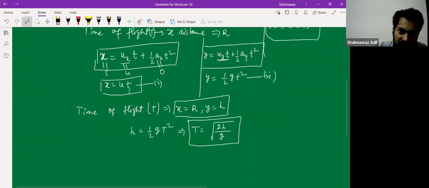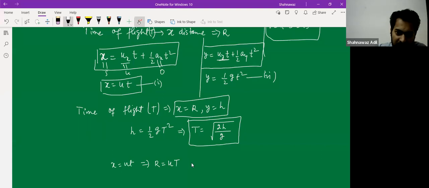And from this, your range will be what? So from first equation, your x is what? X is ut, which means that R is U and T, time of flight, right? Yes, sir. So this will be U, and when we put the value of t here, it will be root over 2h by g.